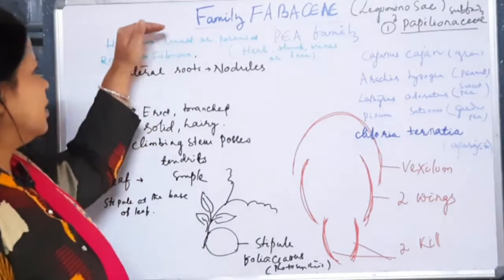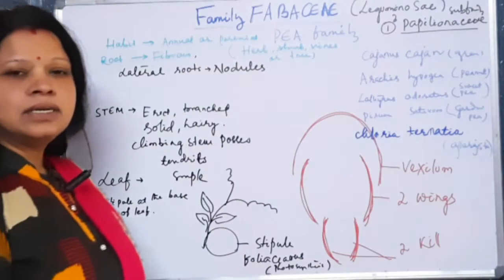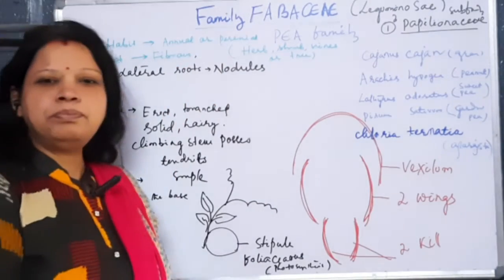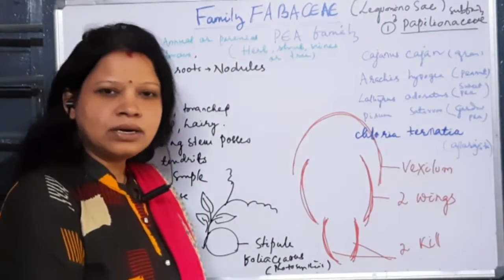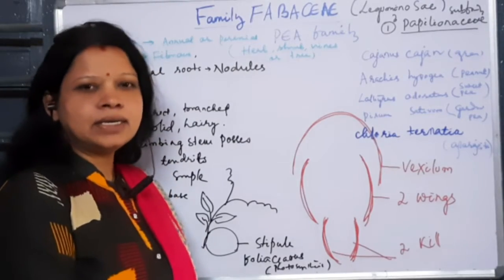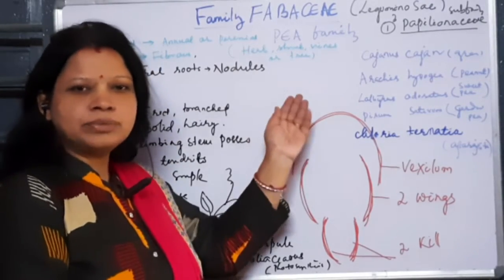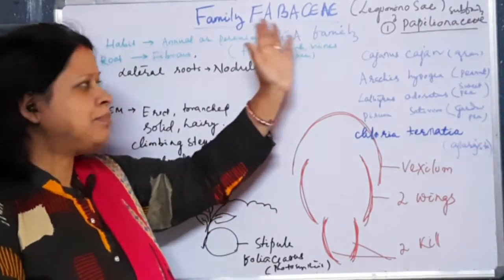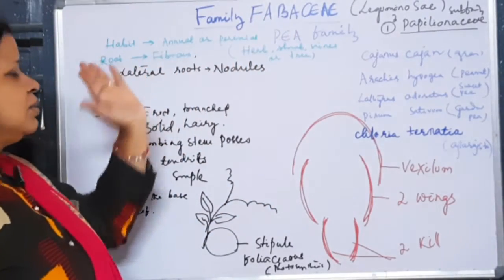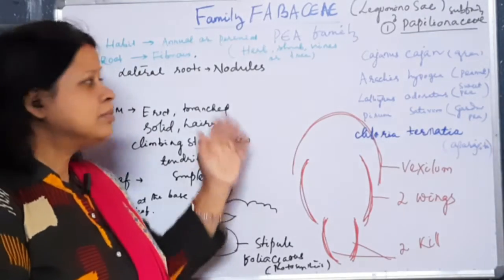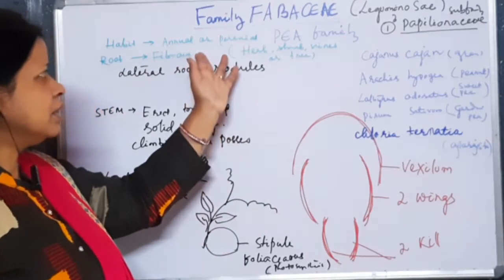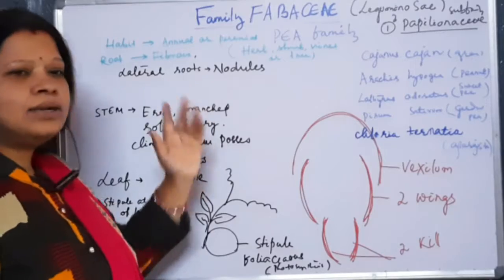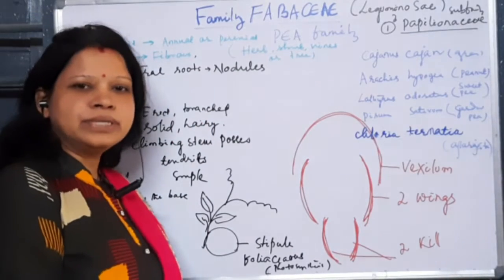So first, the habit of this plant. This is annual or perennial. Some are herbs, shrubs, and trees. Mostly they are herbs, and some vines are also available in this family. And about the roots, there is a fibrous root, taproot, and the lateral roots form nodules.